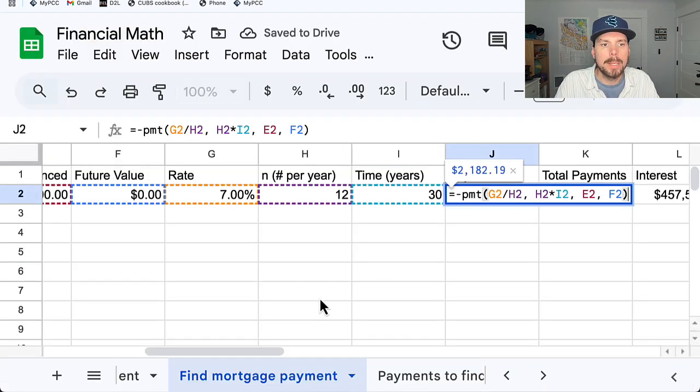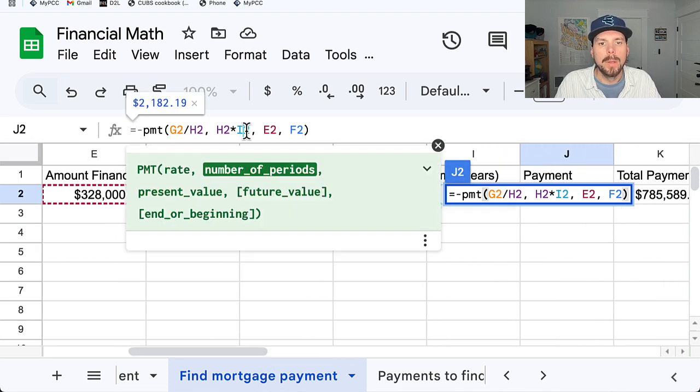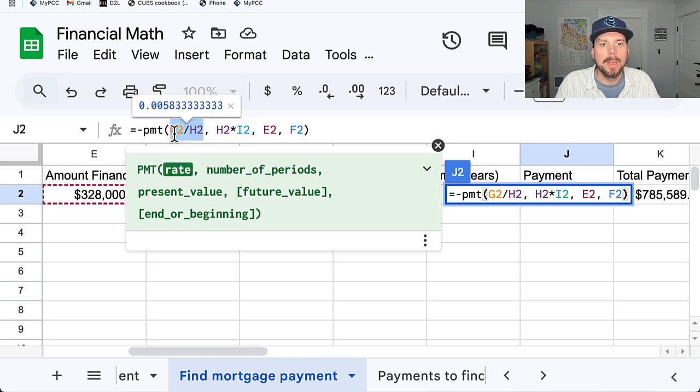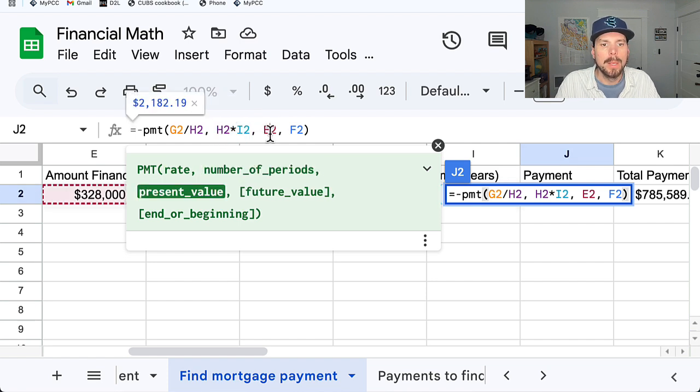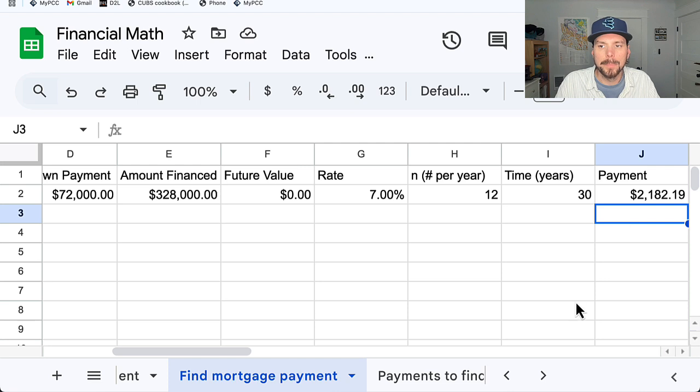Payment should be correct as is. Let's double check it. We've got amount financed for a present value, paying down to 0. We got the rate divided by 12 first, then the number of years times 12, that's 360 total months, and our amount financed is the present value and the future value of 0.